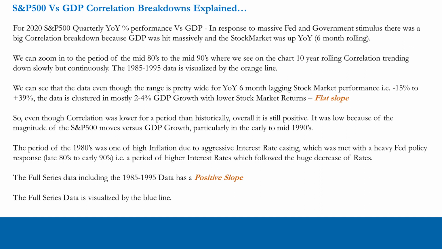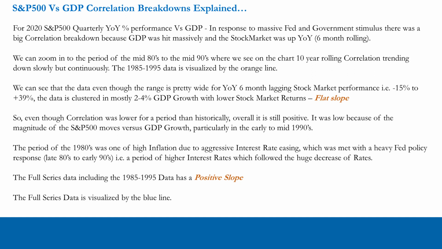What we see, though, is that the data is clustered in mostly 2 to 4% GDP growth with lower stock market returns on average. What does that give us? Well, when we look at the orange line, it gives us a flat slope. So even though correlation was lower for a period than historically, overall, the correlation is still positive.